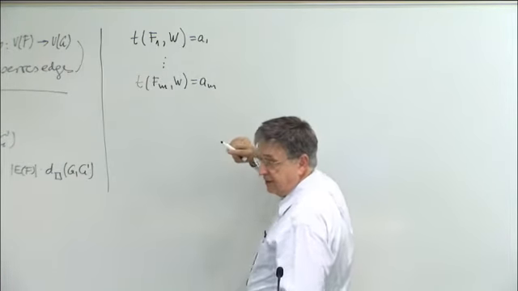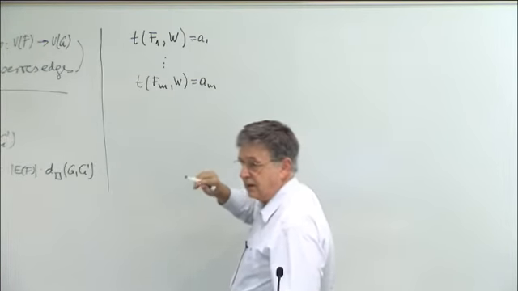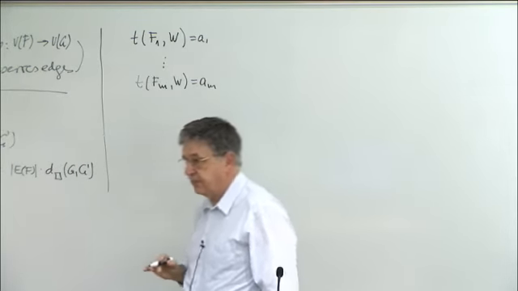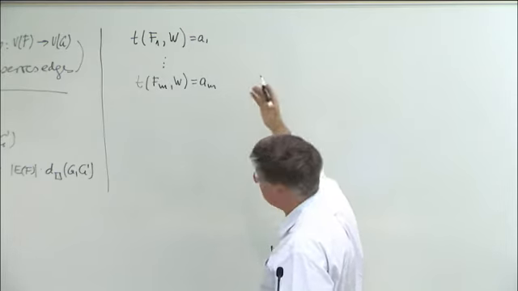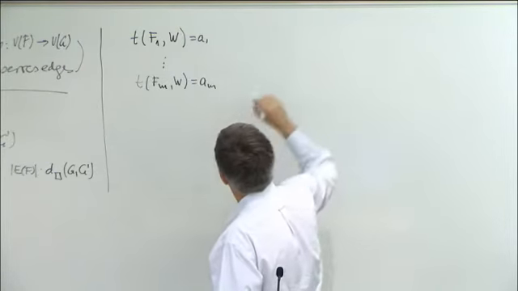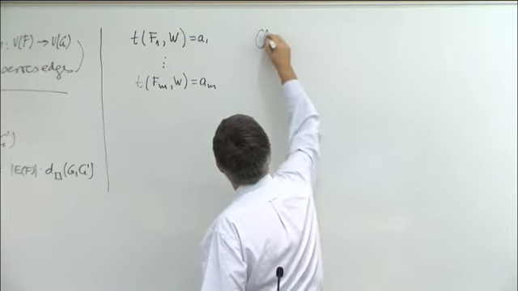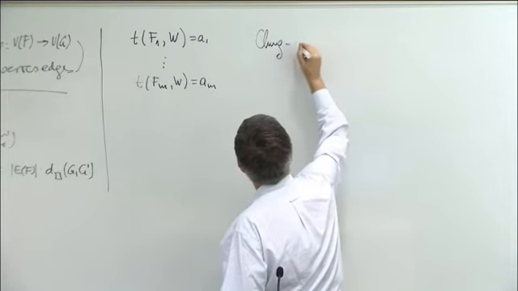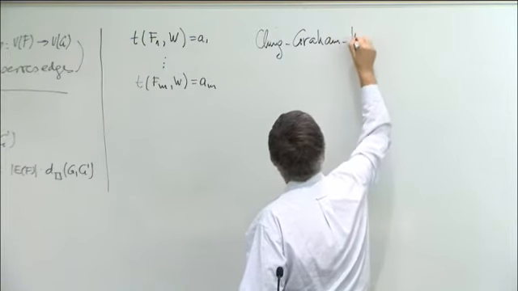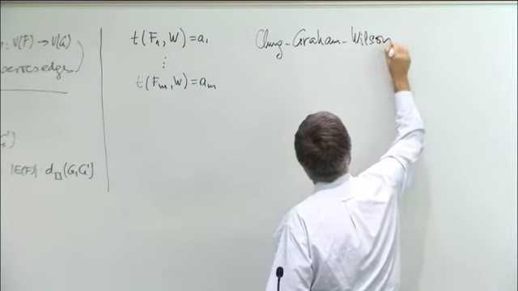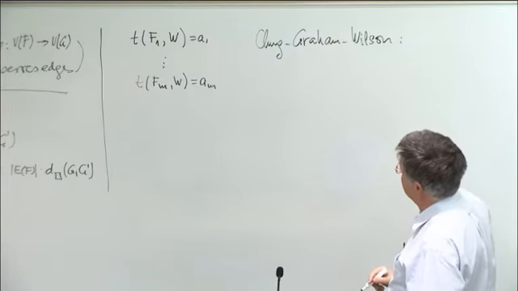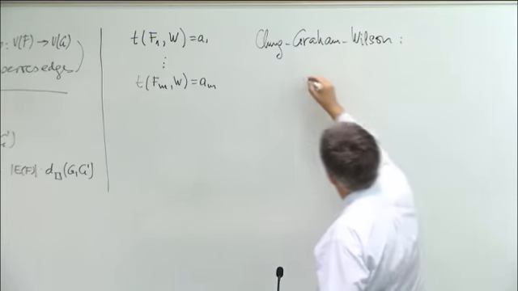Well, these are now arbitrary graphs, although the example will be bipartite, but it's a coincidence. So there is a theorem of Chung, Graham, and Wilson, which translates in this language as follows.